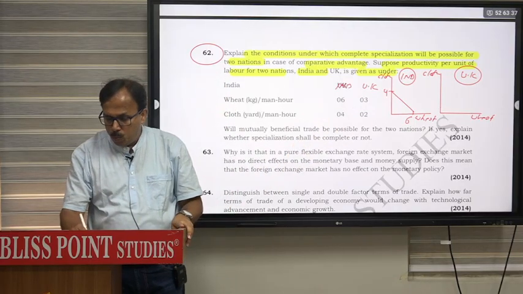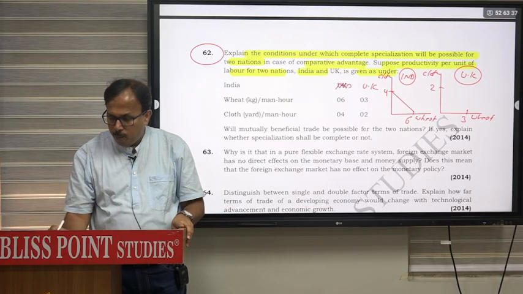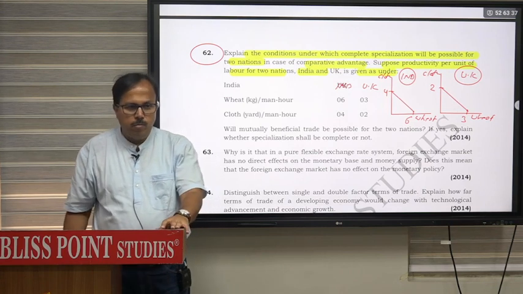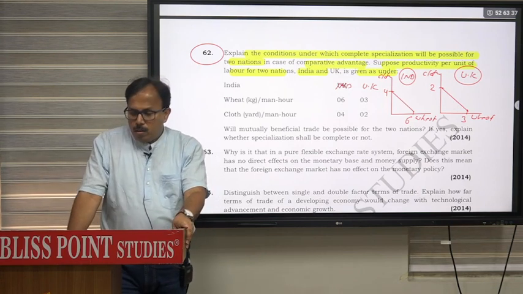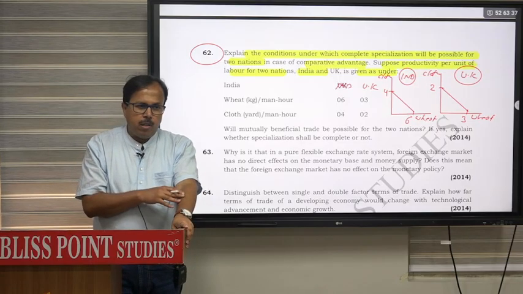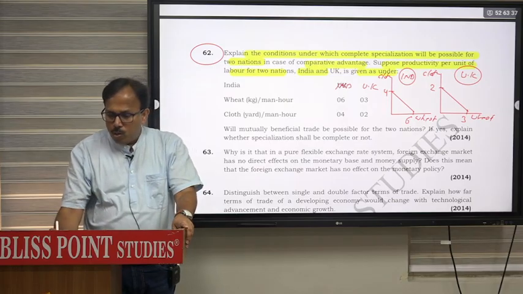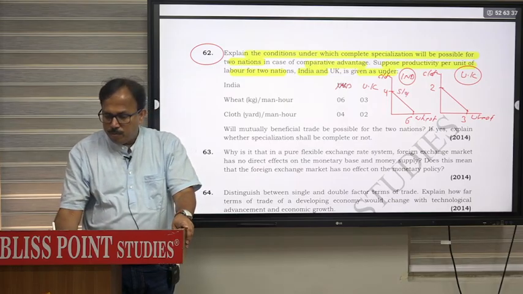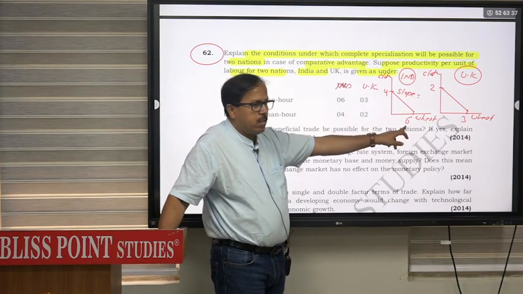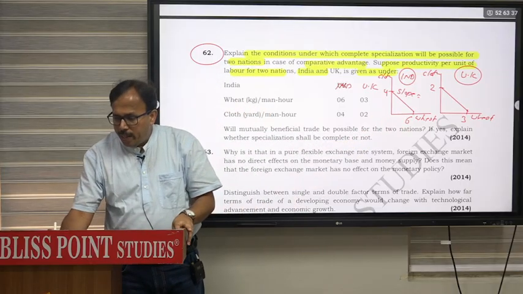It will be 3 here and 2 here. So if you have drawn the PPF, you can calculate opportunity cost. What is the slope of this line? Slope for this line will be 4 by 6, that is 2 by 3. So slope here will be 2 by 3.